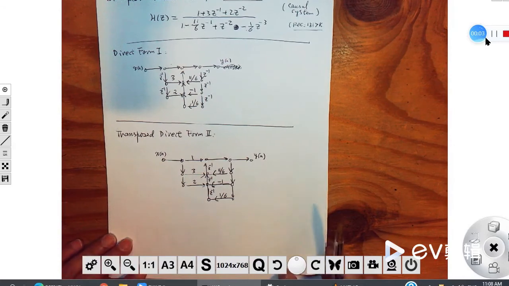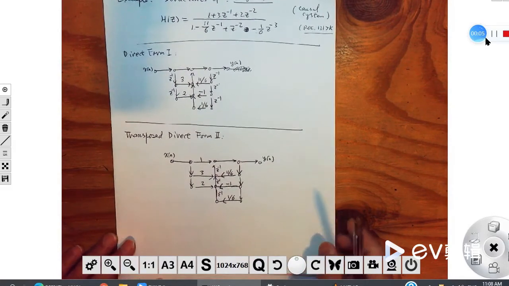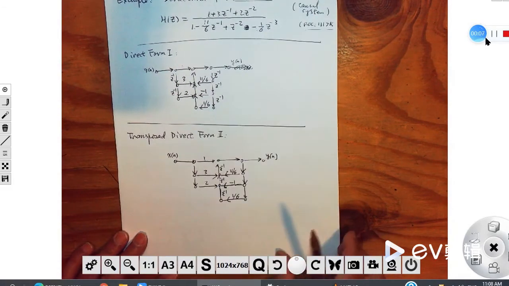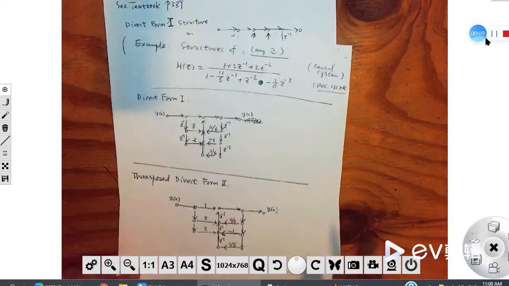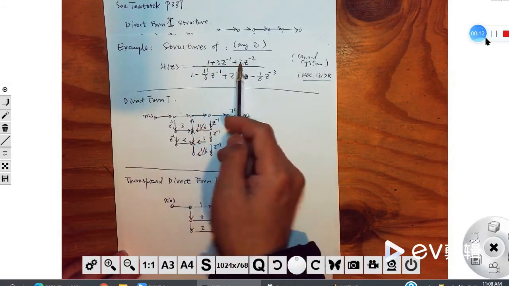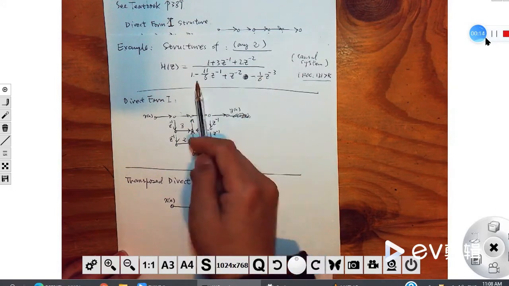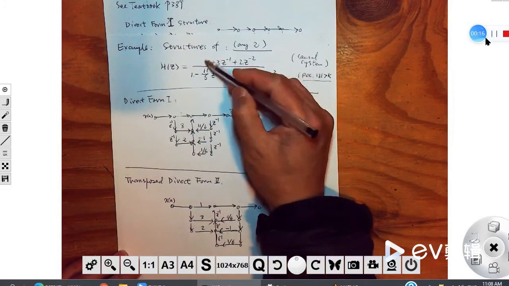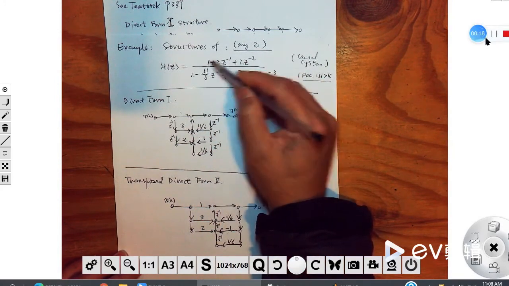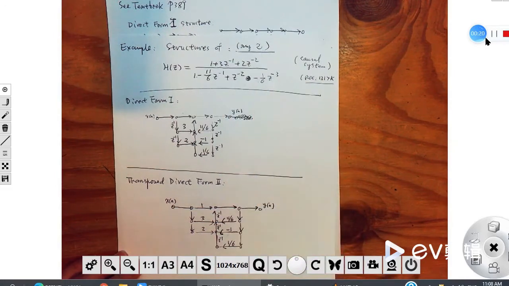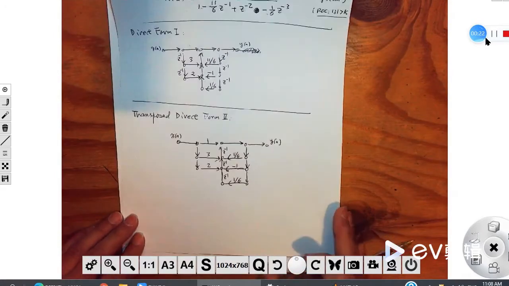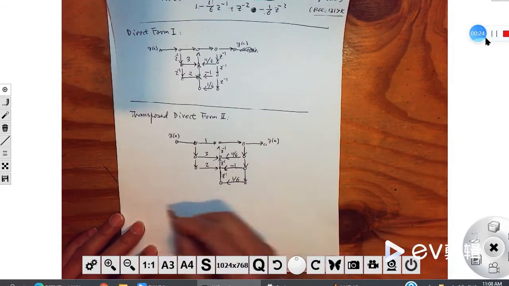Now we can still consider this example, but with more choice. Here I just write a numerator and a denominator. They are polynomials, but we can write this as a multiplication of some factors. Then the structure can be different. We can have more choice. Here let me write in this way.